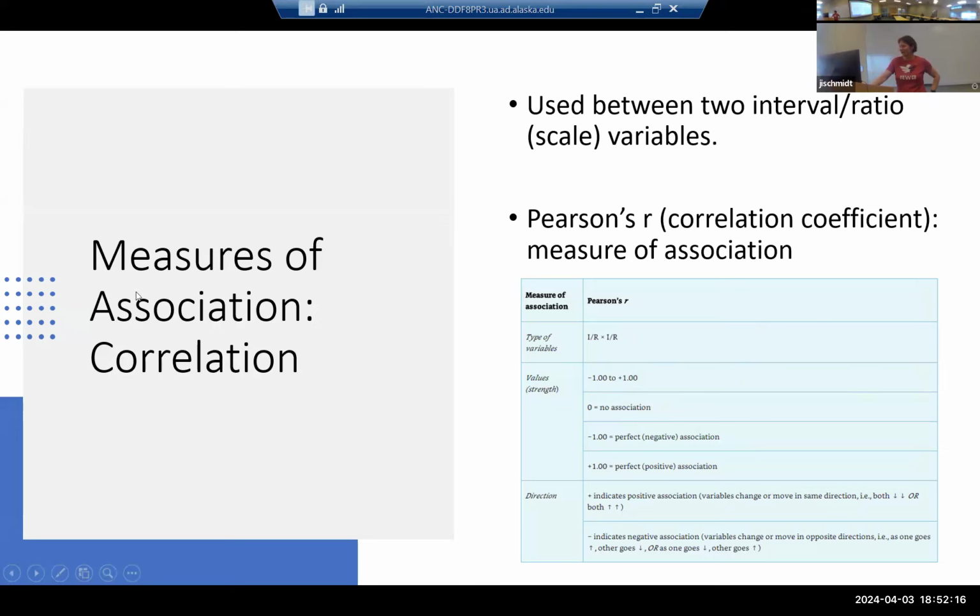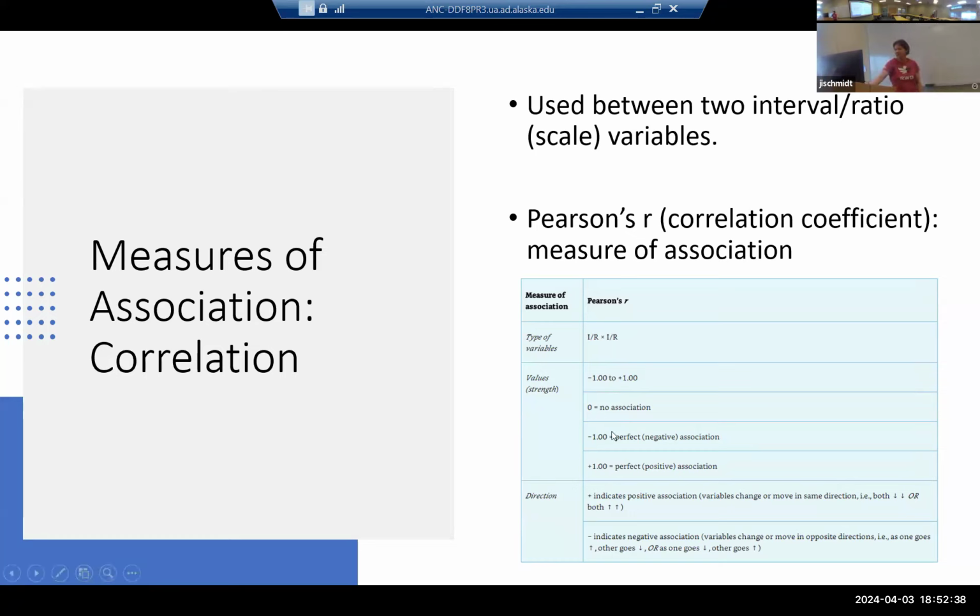All right, so the other method of association is correlation. Correlation is used when you have numbers, so your interval or ratio variables, also called scale variables. Pearson's R is your correlation coefficient, a measure of association.